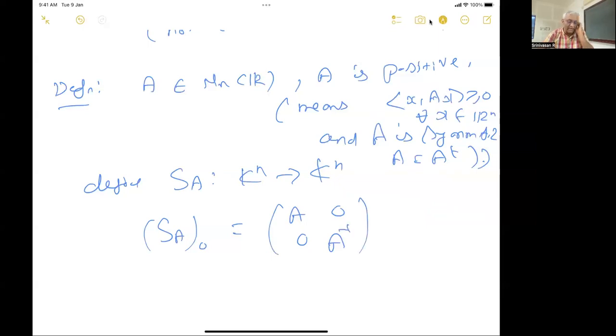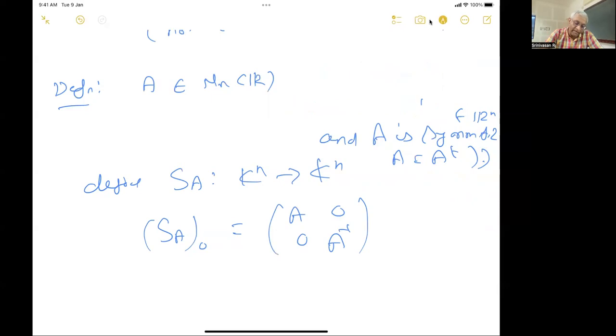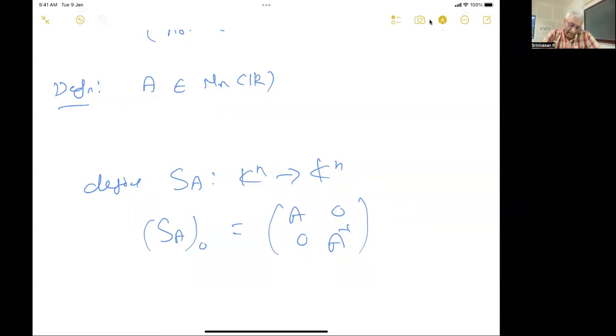Actually, you don't need positivity; you can write A star inverse, which is A inverse when A is positive. A is just an n cross n matrix. Then you can define it with A star inverse, or A inverse star, both are the same. You call this S.